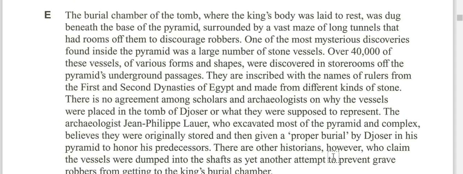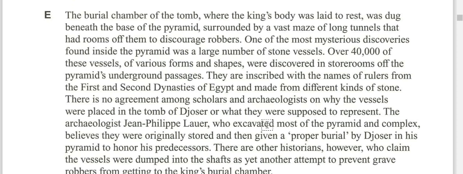One of the most mysterious discoveries found inside the pyramid was a large number of stone vessels. Over 40,000 of these vessels of various forms and shapes were discovered in storerooms of the pyramid's underground passages.